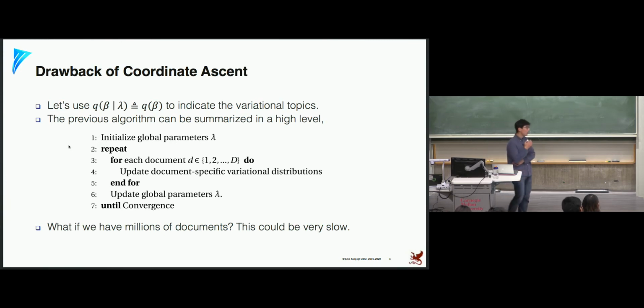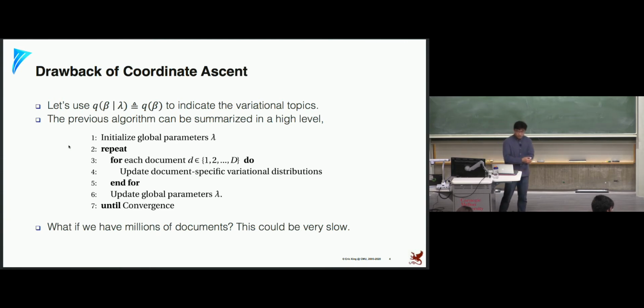If you abstract that out and look at the difference between the update equations for the global and local parameters, it looks like this. You first iterate over all the data points and update their associated local parameters. Then you use all the sufficient statistics you collected to update the global parameters.